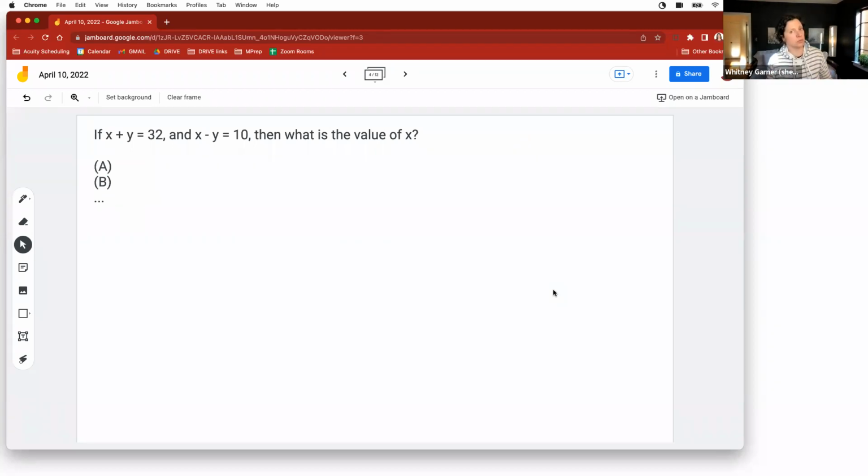If x plus y is 32 and x minus y is 10, what's the value of x? And if you haven't, go ahead and get me your answer in the chat window.